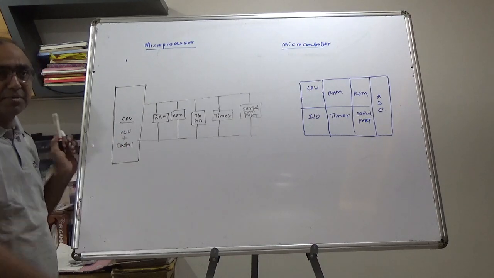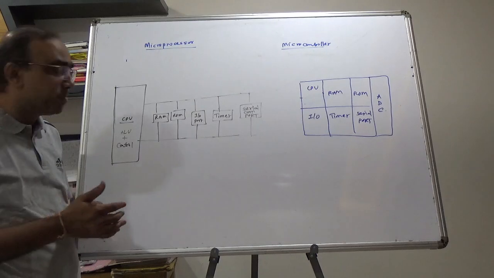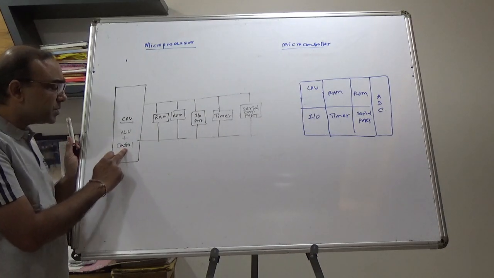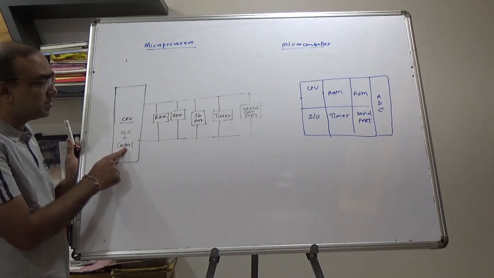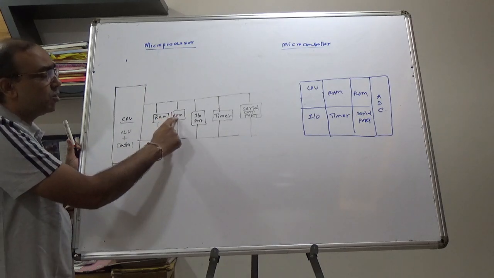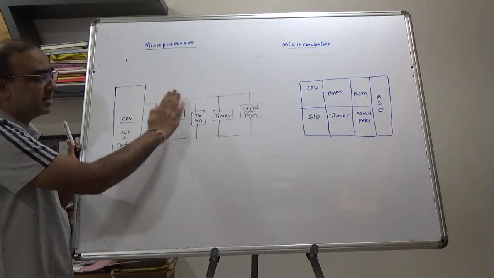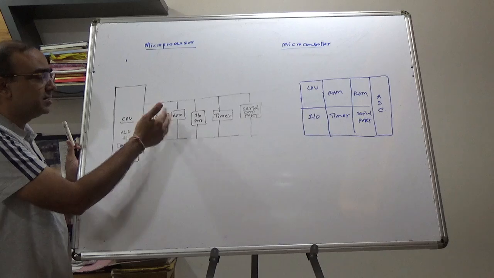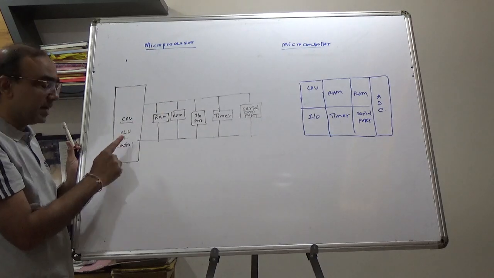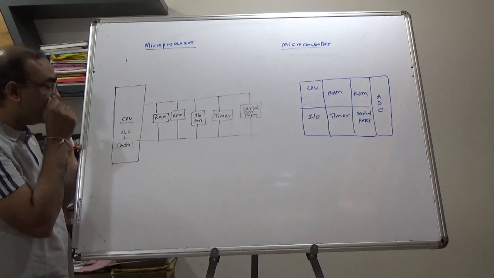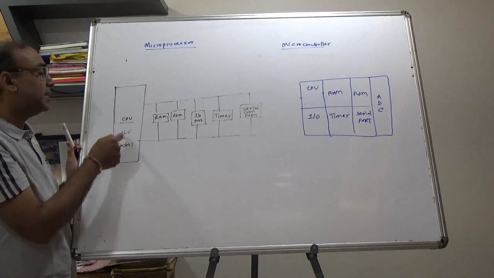So when we say that our computer is executing a program, actually the control unit is fetching the instructions one by one, mostly from RAM or ROM. These are the external areas, and it is fetching the instructions into the control unit. The control unit can understand and execute the instructions, and if needed, take the help of the ALU.